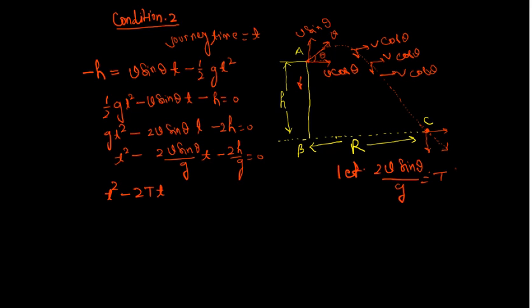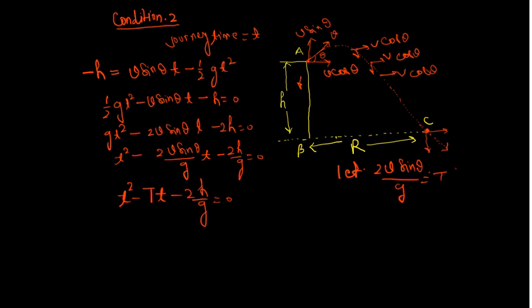Sorry, 2 has already been consumed, so we need not write 2. So we will remove this 2. So t square minus T into small t minus 2h divided by g is equal to 0.